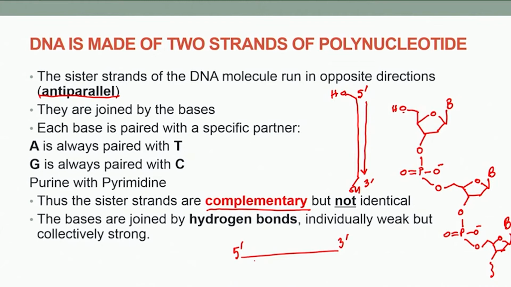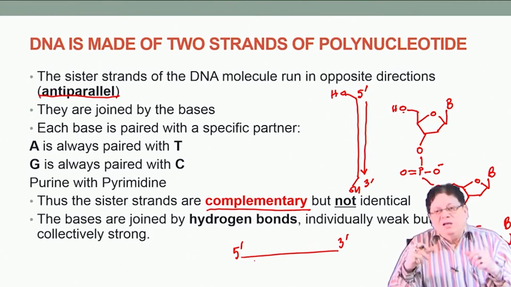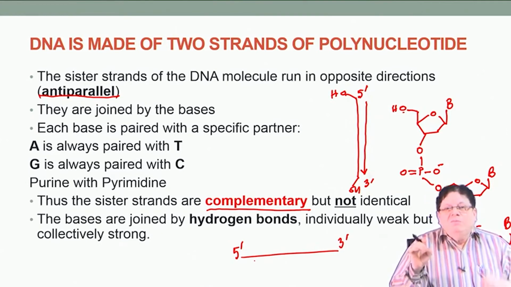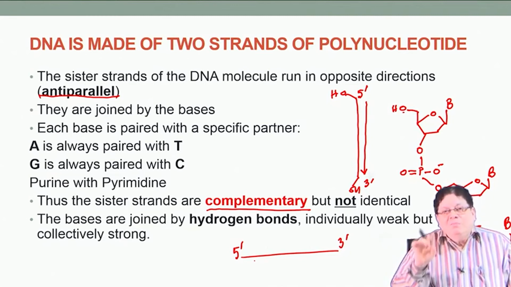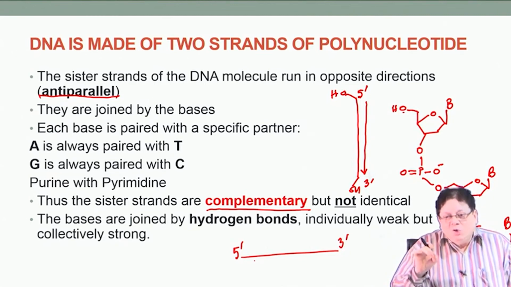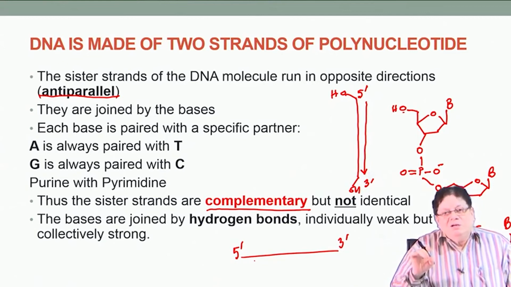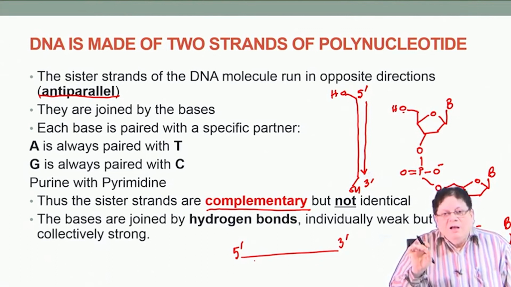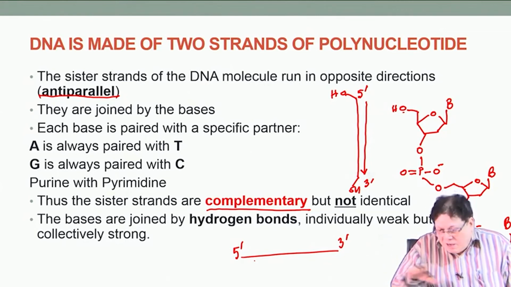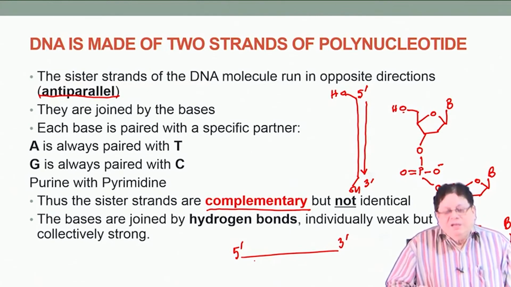I will show you where these 3 hydrogen bonds are, and A attaches with T. Although each hydrogen bond is weak, the sheer number of hydrogen bonds, the number of weak interactions, is so enormous that DNA becomes very stable. But also remember that there is another stability factor which is called the pi stacking interaction between these base pairs. Okay. Between the underlying base pairs you have a pi stacking interaction.